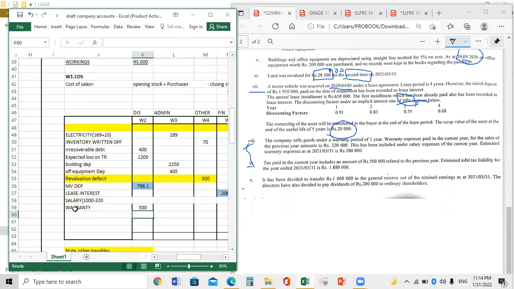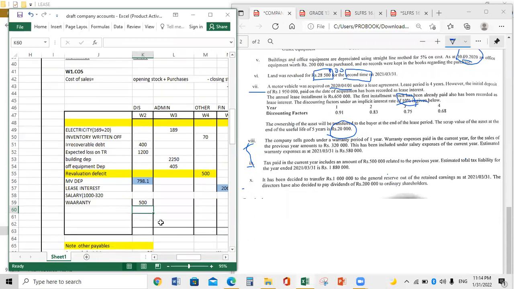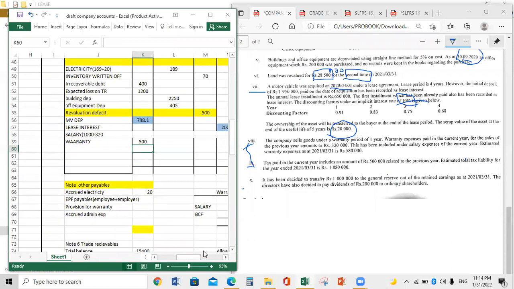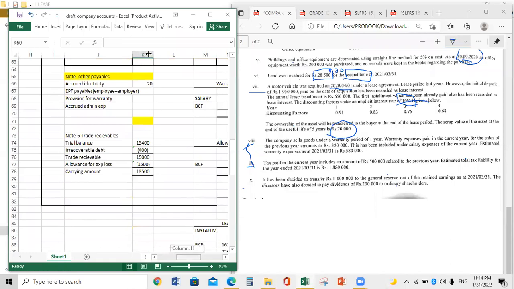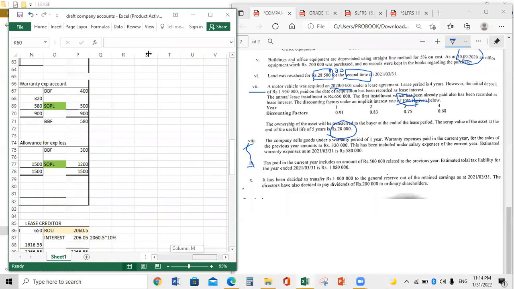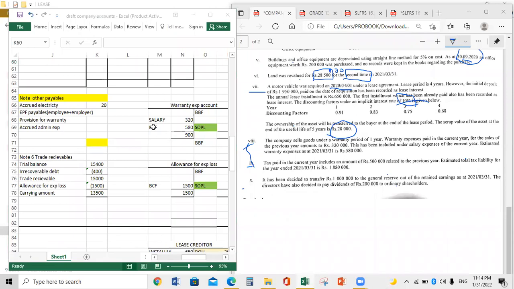Where else should you record warranty? Now you recorded the SOPL amount. What about the closing balance? Guys, the closing balance is the payable amount. It's a liability. You have to record it under other payables, current liability. You will say provision for warranty, or warranty payable, 580.